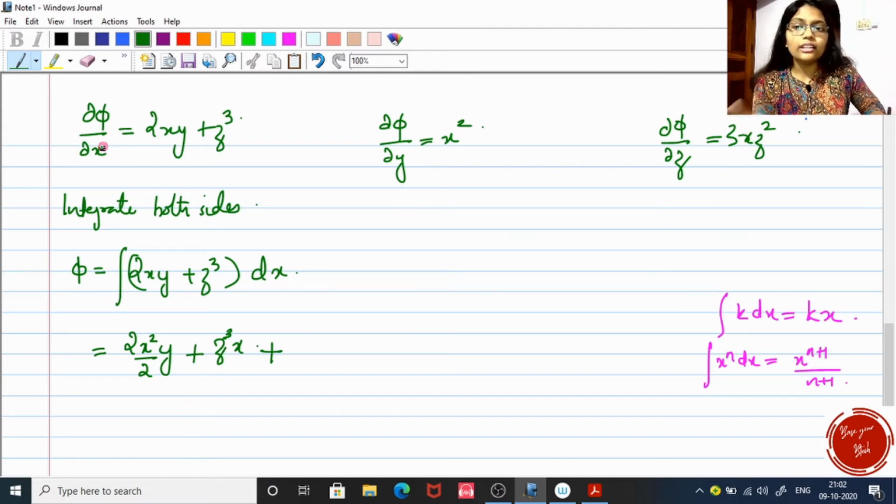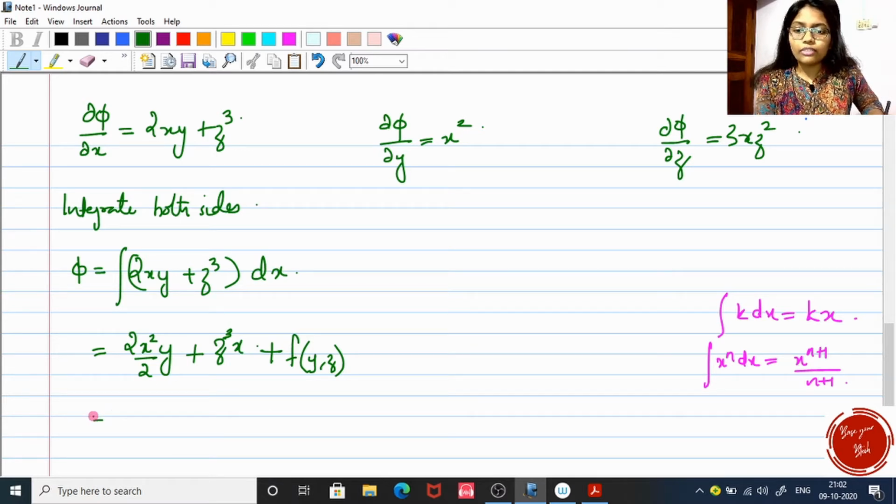So while taking the derivative with respect to x, y and z seem to be constants. So let the integration constant be a function in y and z. Clear? Because here we have taken the partial derivative, with respect to x, y and z are constants. So the integration constant is a function in terms of y and z.